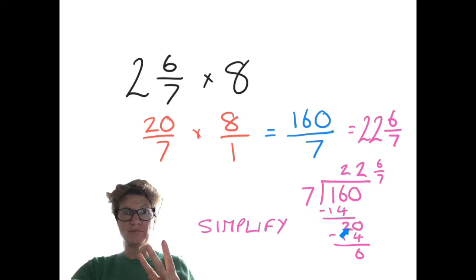The remainder of 2, 7s into 20 go twice again, 14, with a remainder of 6. So it's 22 and 6 divided by 7, 6/7 again. So 22 and 6/7 is our answer in its simplest terms.